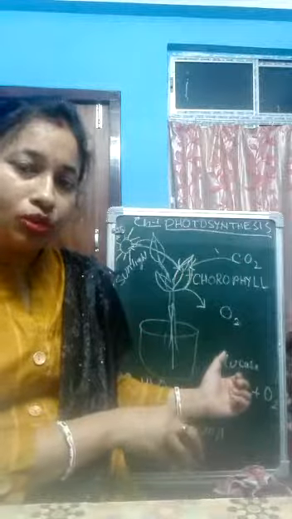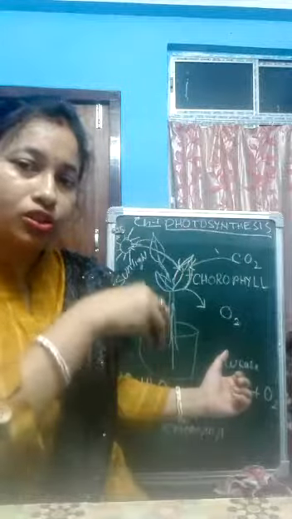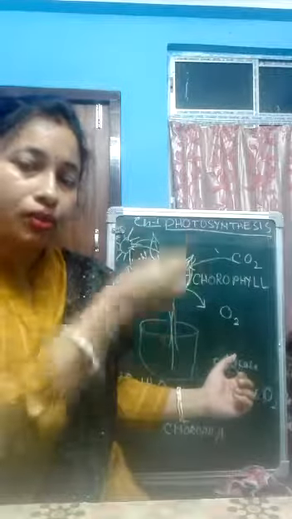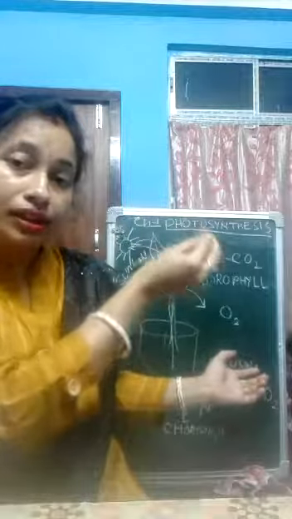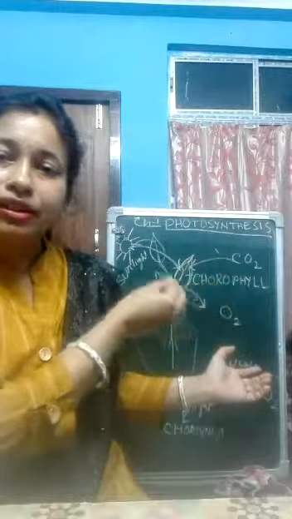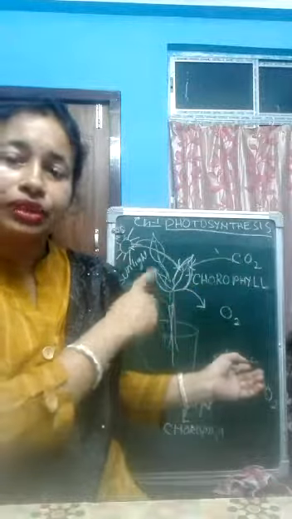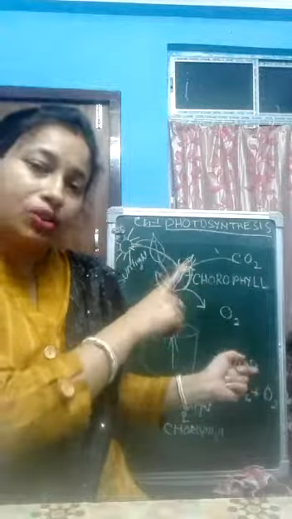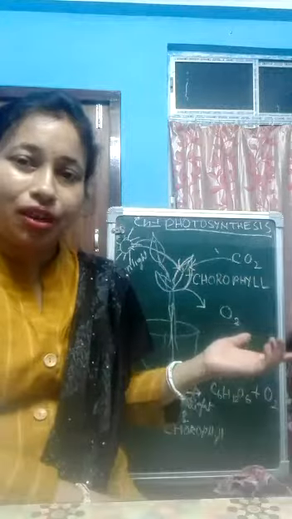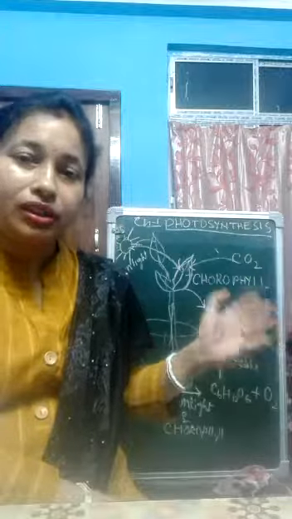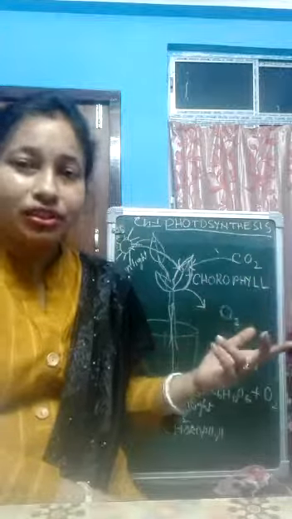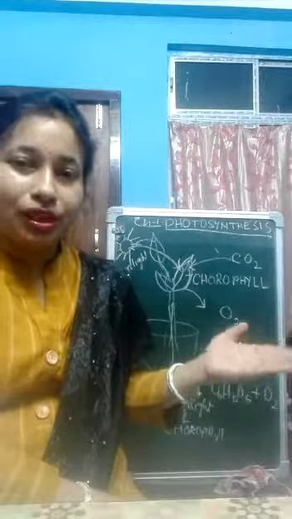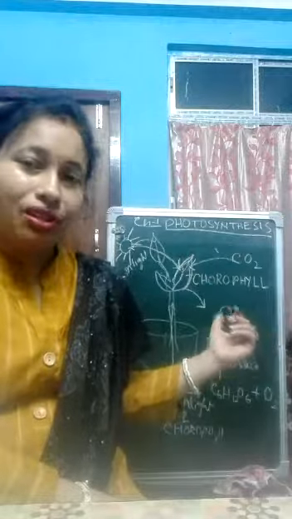The roots of the plants absorb water and it is transmitted to the leaves by a tissue called xylem, which takes the water to the leaves. So the leaf is called the kitchen of a plant, or we can say food factory, where food is prepared. And the raw materials, what are the things used?